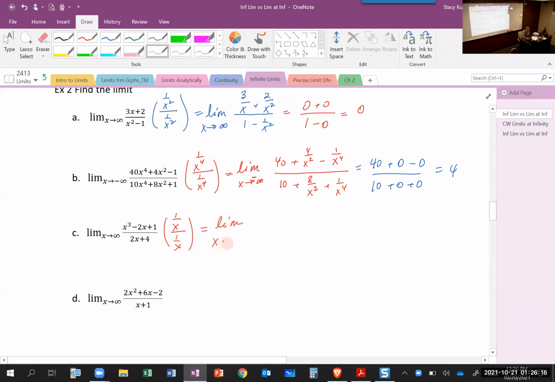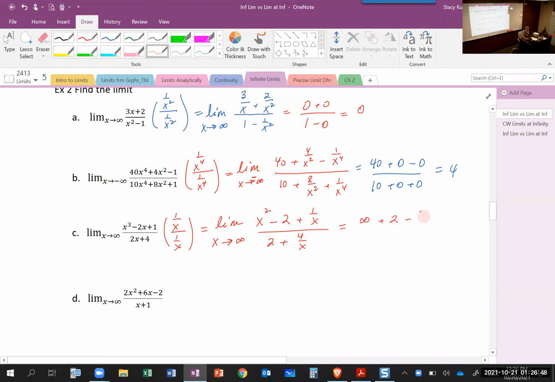The limit as x approaches positive infinity, x squared minus 2 plus 1 over x divided by 2 plus 4 over x. x squared as x goes to infinity is just infinity, right?